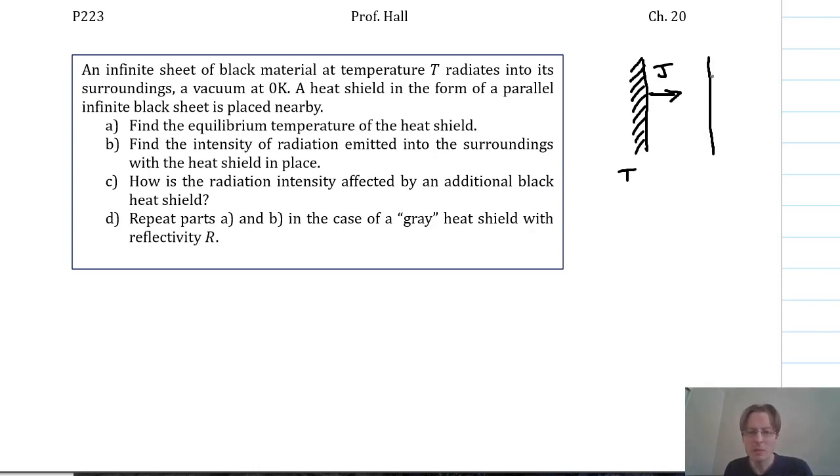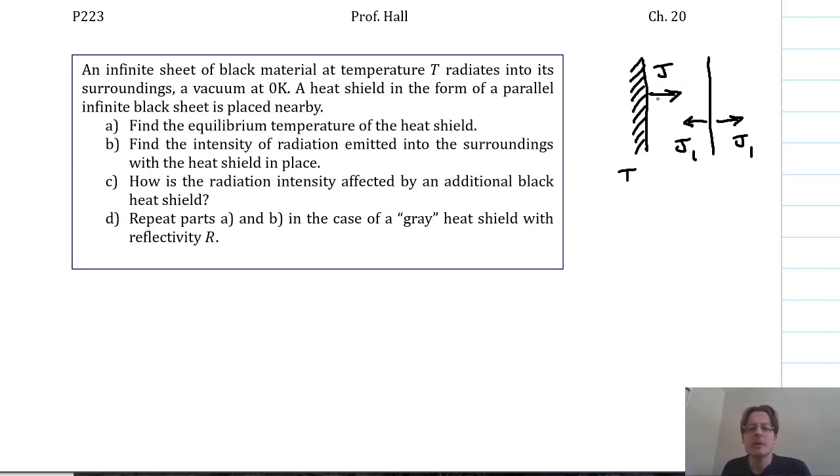It's also totally black, so it's going to absorb all of it. No reflections are going to come off its surface. However, it is going to warm up when the radiation hits it, and it's going to radiate out in both directions. And I'll call those J1. Both sides, I assume, are perfectly black, so they're going to emit at the same rate on both sides.